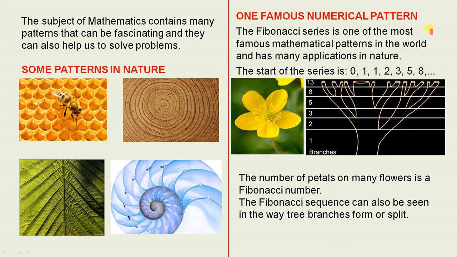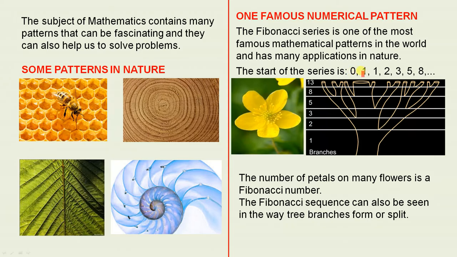Let's look at one famous numerical pattern. So that means a pattern which has numbers in it. The Fibonacci series is one of the most famous mathematical patterns in the world and has many applications in nature. This is how the series starts. If you remember, we did a number line there a few slides ago, and we started with 0. Then the next counting number was 1.